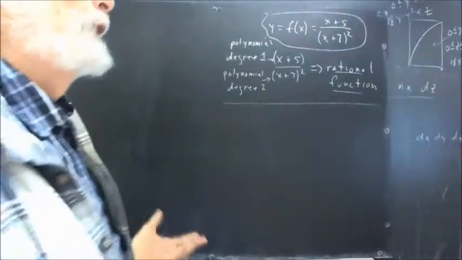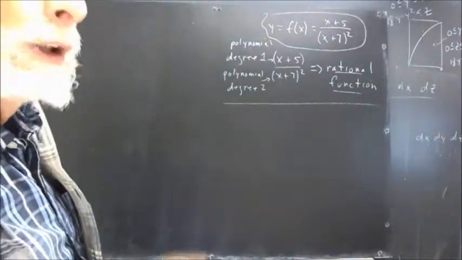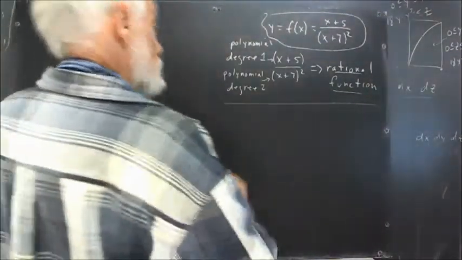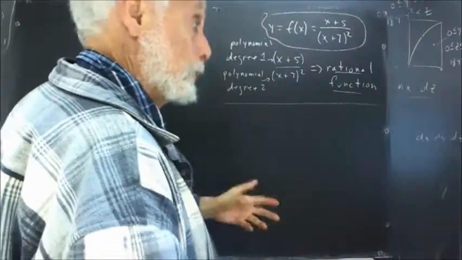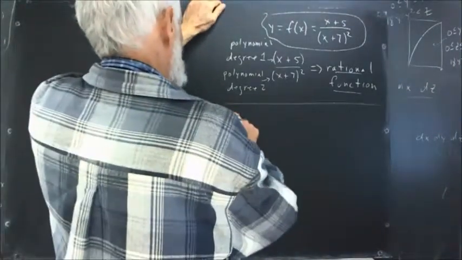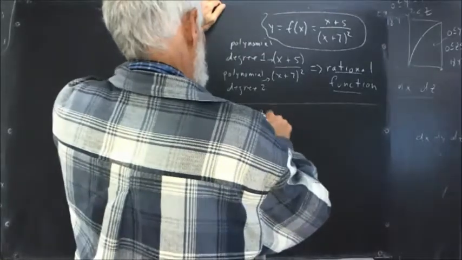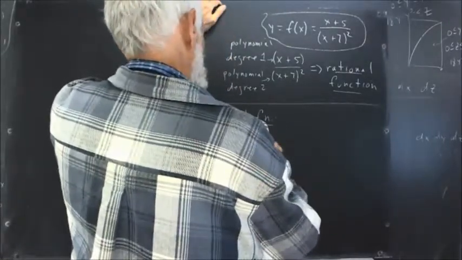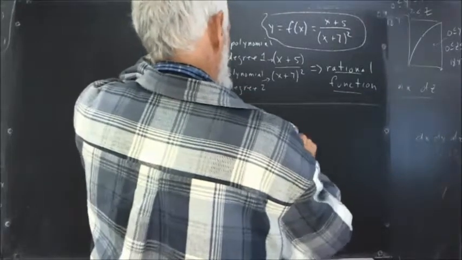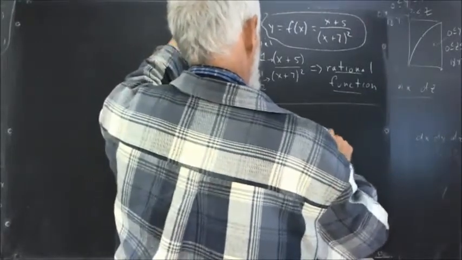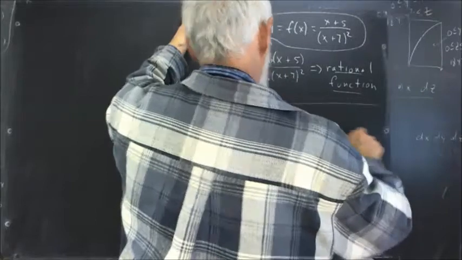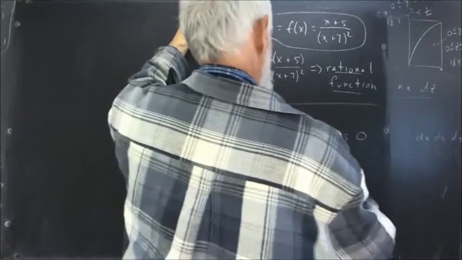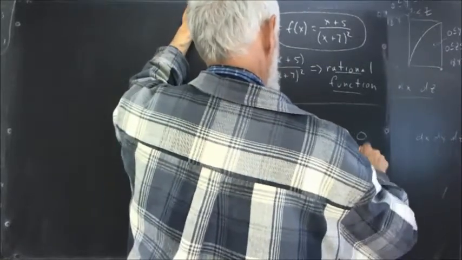If you have a rational function, the first thing you always want to do is determine when the numerator is 0 and when the denominator is 0.